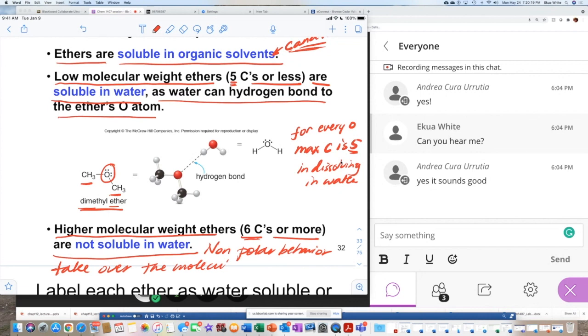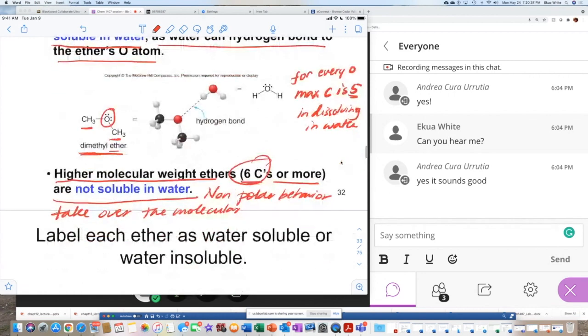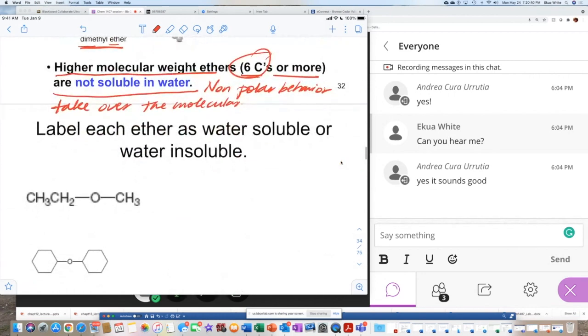You know how they say, oh, that person has a dark side. Yeah, the molecule has many sides, right? So this molecule, ether and alcohol, have a polar side and a non-polar side. So when you have 6 carbons or more, the non-polar side begins to take over, and the molecule behaves more and more non-polar, less and less polar. Okay? The polar part is still in there, but it's being overshadowed by the presence of the non-polar.